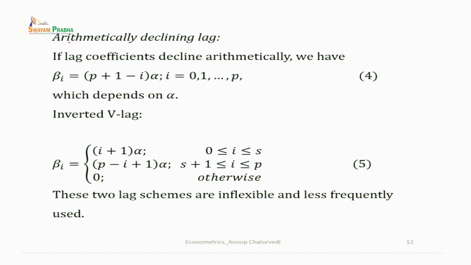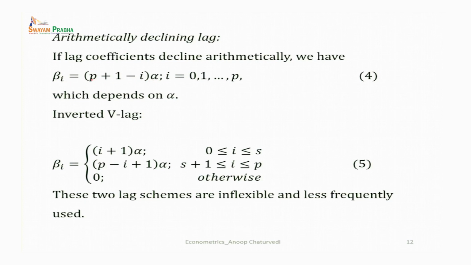So, first we consider arithmetically declining lag. In arithmetically declining lag, we take beta i equal to p plus 1 minus i into alpha. So, the lag coefficients decline arithmetically. Say for example, for i equal to 1, beta 1 is equal to p alpha. For i equal to 2, beta 2 is equal to p plus 1 minus 2, that is p minus 1, alpha.